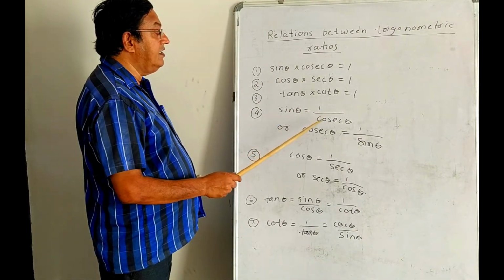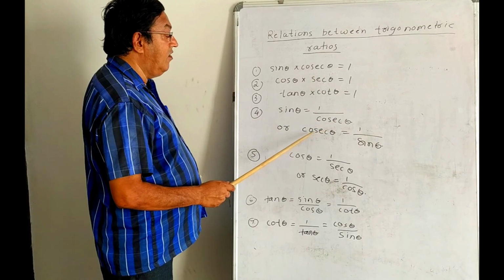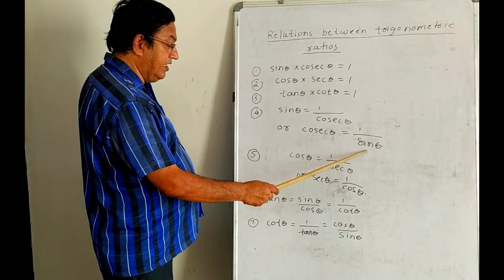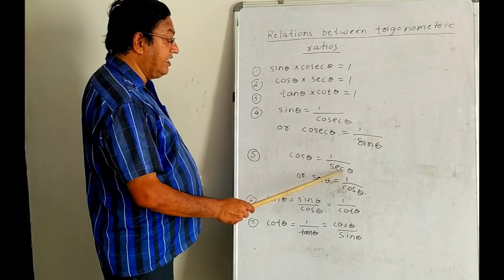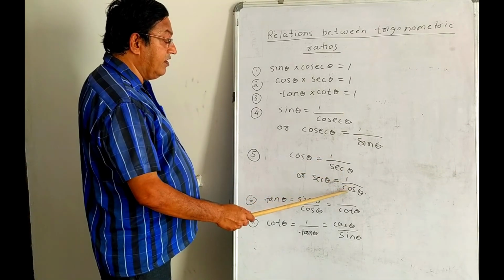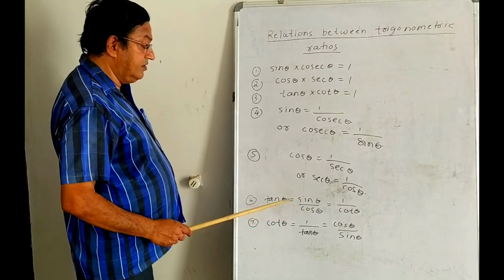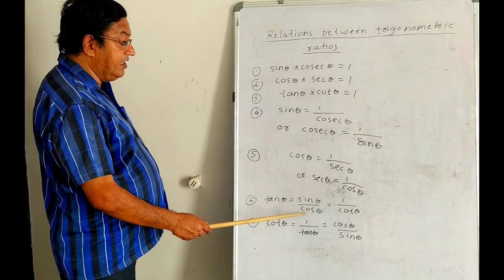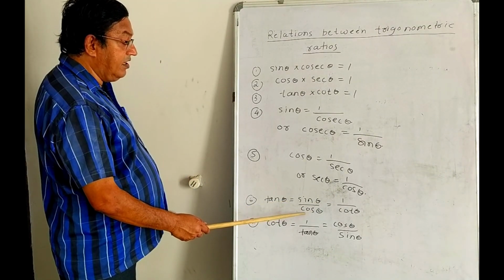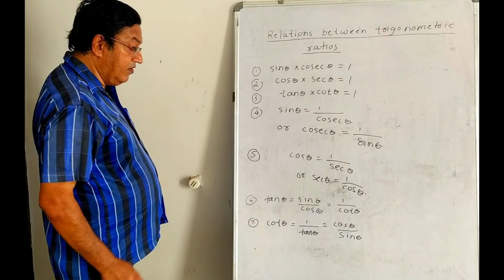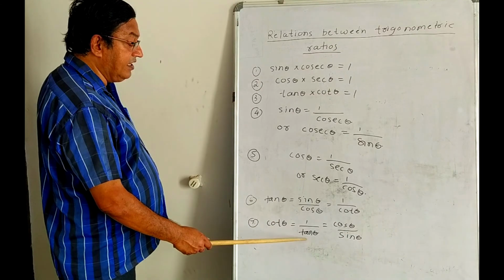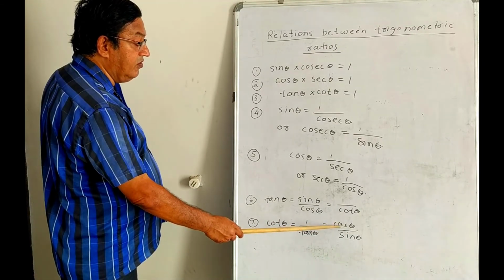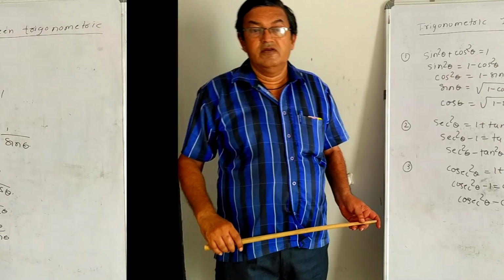And sin theta is 1 by cosec theta, or cosec theta is 1 by sin theta, cos theta is 1 by sec theta, and sec theta is 1 by cos theta. Tan theta is sin theta divided by cos theta, which is also equal to 1 by cot theta, and cot theta is 1 divided by tan theta, which is also equal to cos theta divided by sin theta.